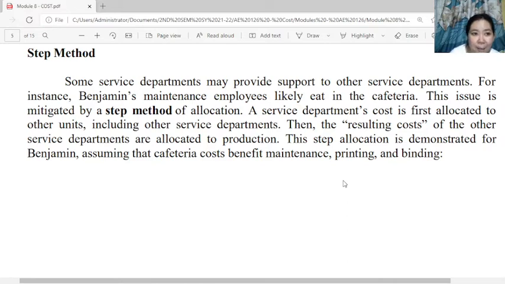In the step method, we first allocate the cafeteria to maintenance, printing, and binding. Then the maintenance department's own departmental cost plus the allocated cost from the cafeteria is the total cost to be allocated to the productive departments of printing and binding respectively.